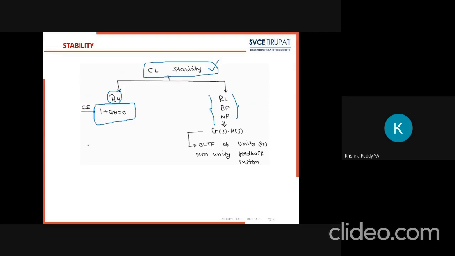Generally we define stability for the closed loop system, but the RH criteria takes the closed loop transfer function equation, while the remaining methods take the open loop transfer function and obtain the closed loop system stability. That is the difference between the RH criteria and the remaining methods.